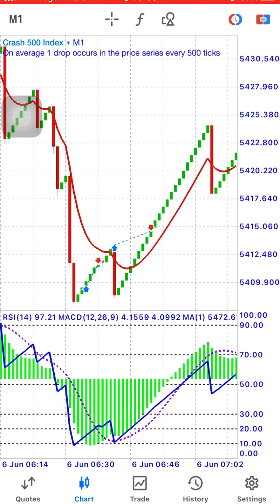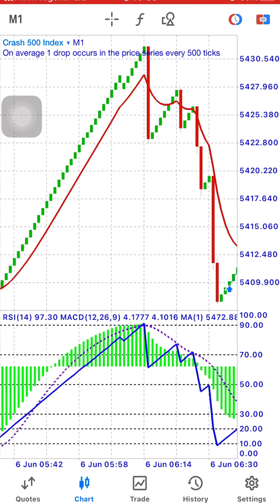So if you feel afraid of trading, you can just wait for whenever this blue line touches this level 10, you enter the trade, and you hold until either this red line crosses any of these candles, or this blue line and this purple line down here cross each other, and you leave the market.